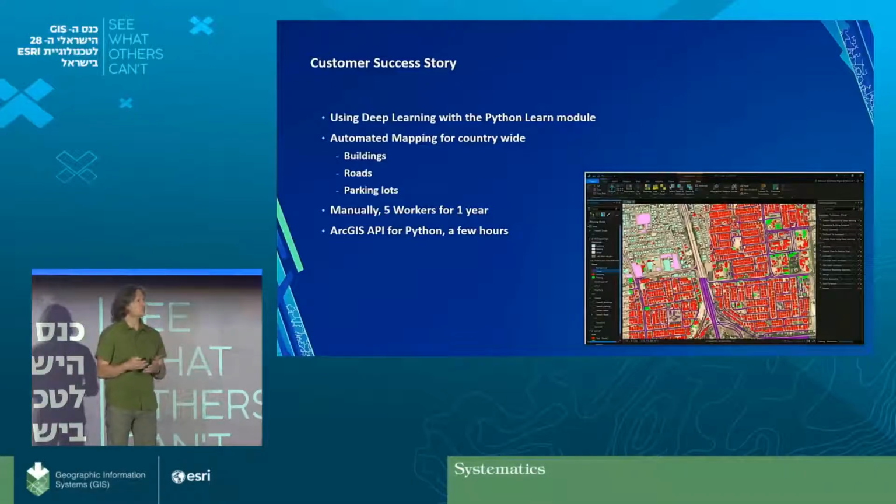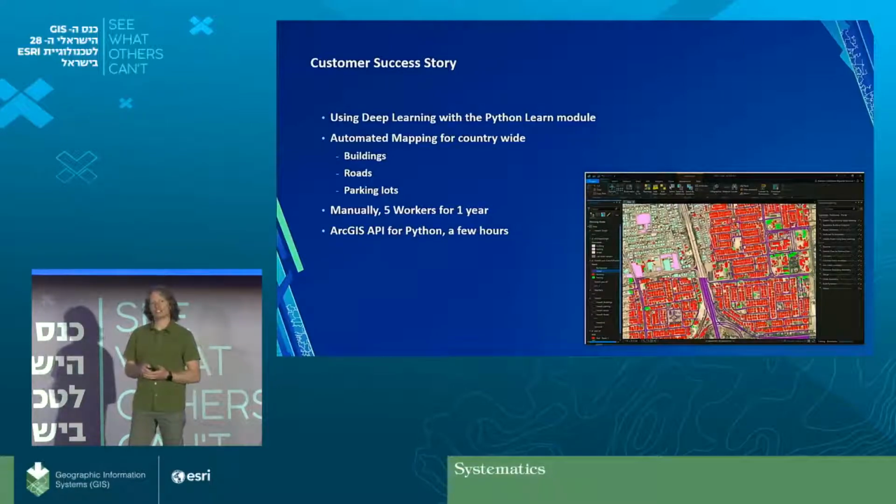And this is in a country that's rapidly growing, so they have to do this every single year. And what they found was in a matter of hours, they were able to do the work that had been taking 5 workers 1 whole year to perform. So they have much more up-to-date data feeding into their GIS system.